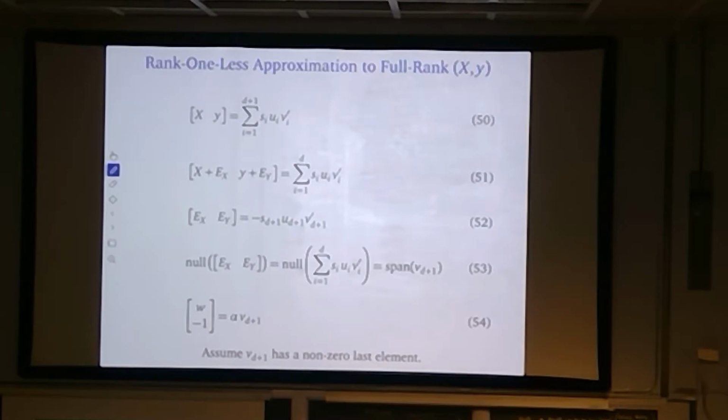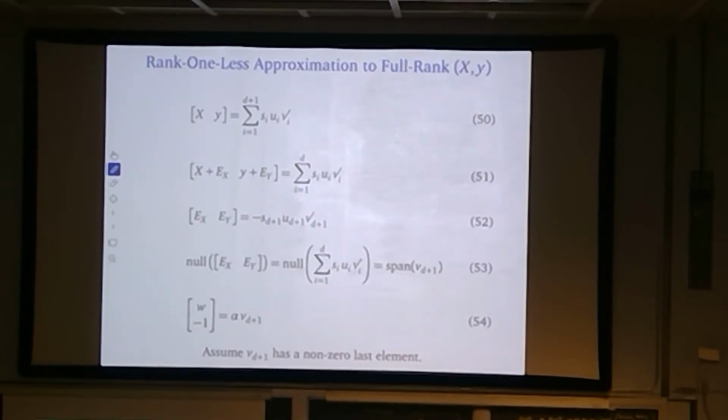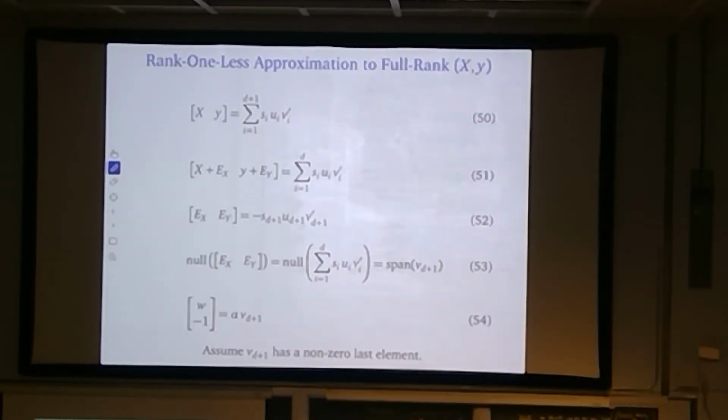So let's understand this through our problem, since we're only looking at this, y is just one dimension. Let's consider, for the time being, we assume XY is full rank, okay? So what's the dimension of this matrix? X is n by d, y is n by 1.